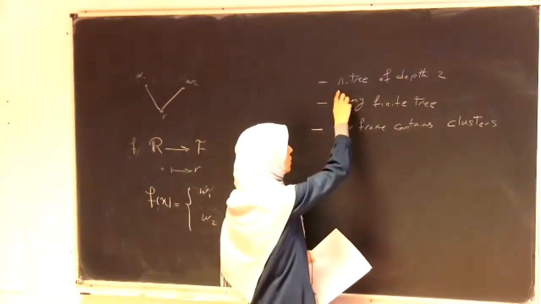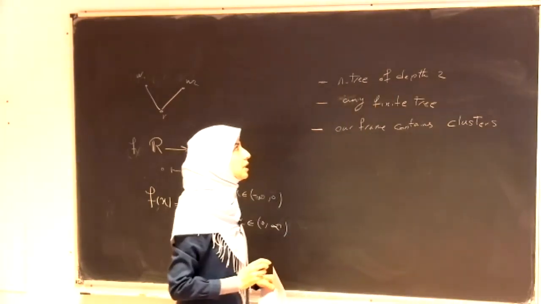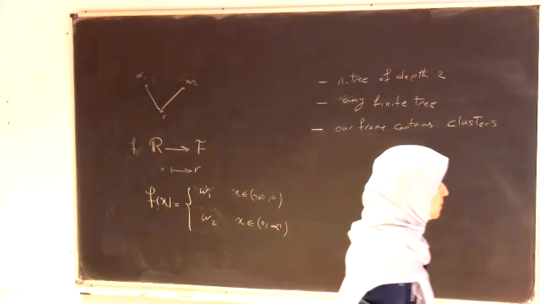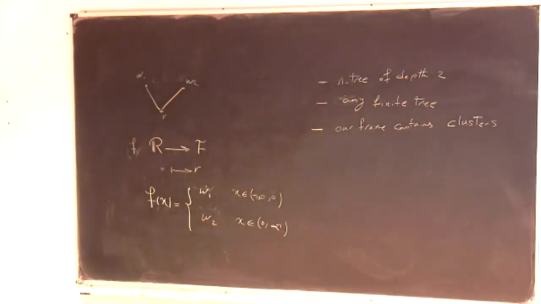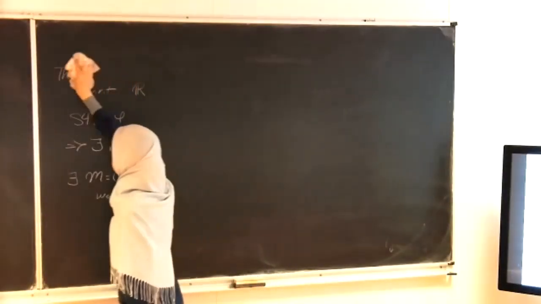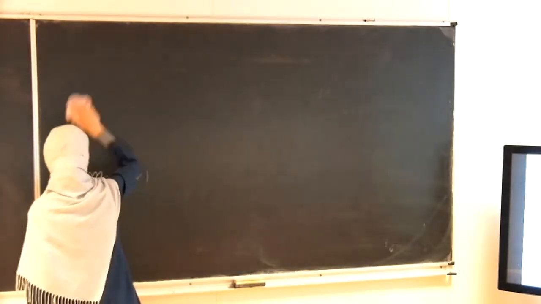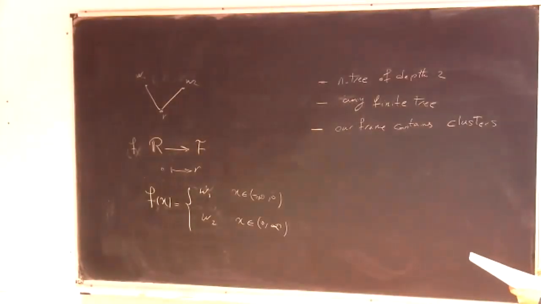So the first step is to show that we can define a function f for any n-ary tree of depth 2. Our method is to send the Cantor set.